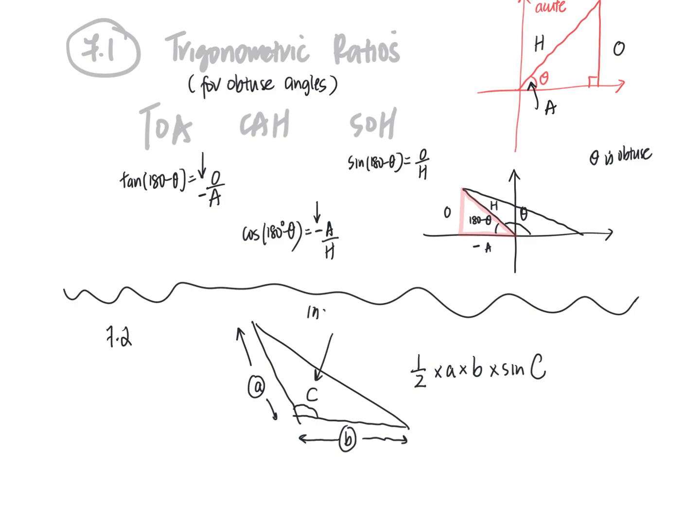This is called the included angle because it's trapped between the two sides. So I call it the letter V.